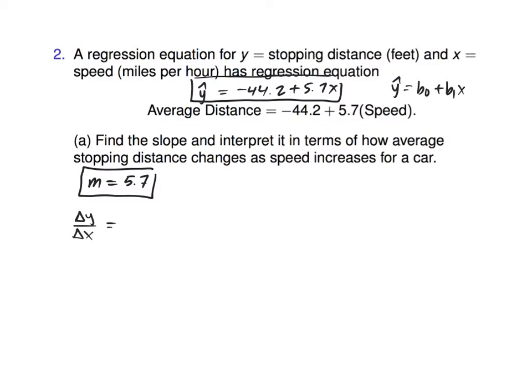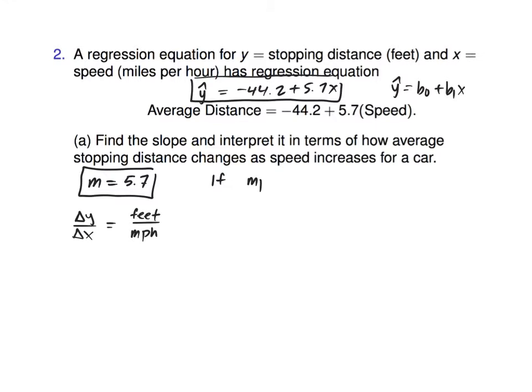Okay. So what's y talking about? Change in stopping distance, so that's stopping distance in feet. And x is our speed, speed in miles per hour. And so you really have 5.7 over 1. I think it's easiest to begin with the denominator.